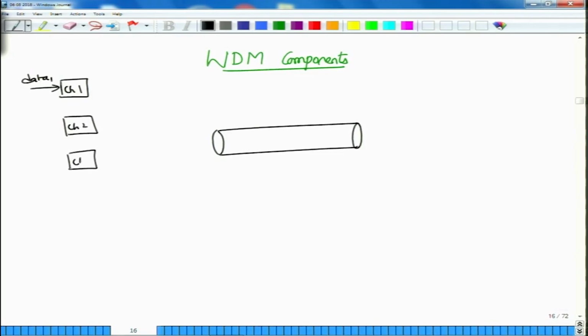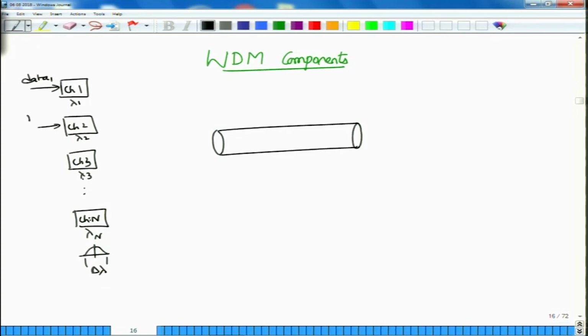Each channel of course is centered at different frequencies or equivalently different wavelengths. So, this is centered at lambda 1, this at lambda 2, lambda 3 and up to the last wavelength lambda n. Each of them has a certain bandwidth allocated to it. This is delta lambda, and we simply assume that this delta lambda is equal for each of the channels.